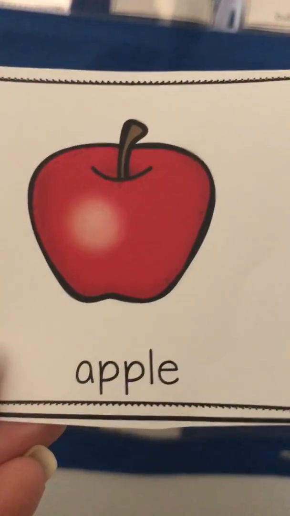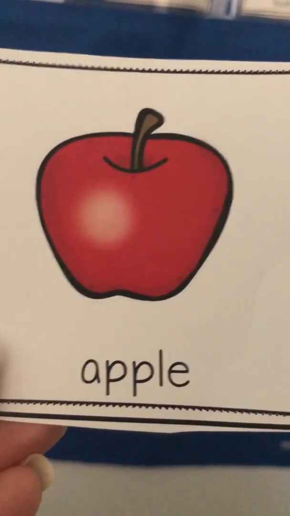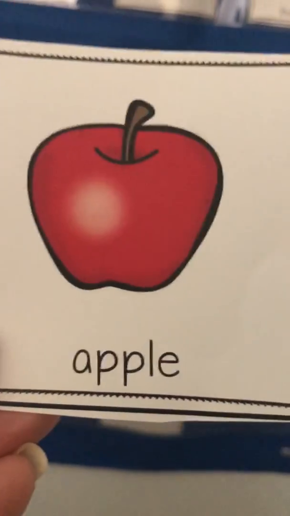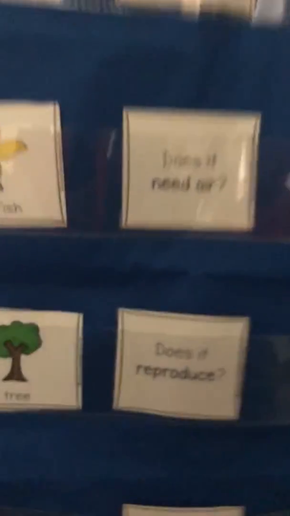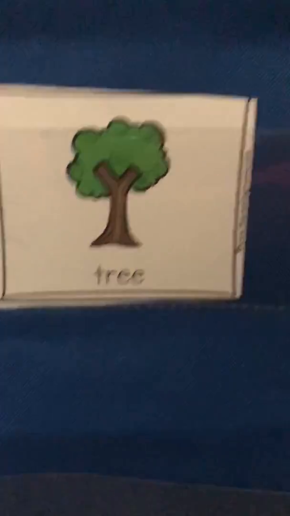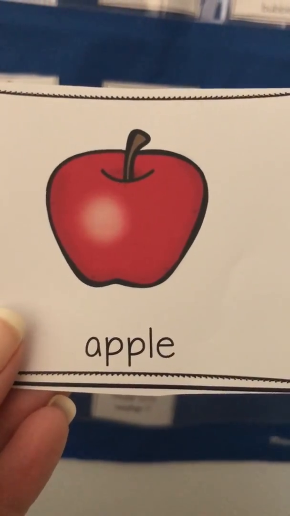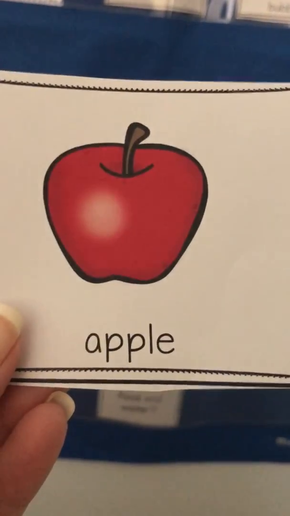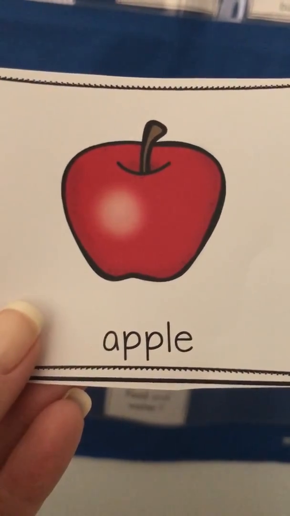The pollen from the blossom before it turns into a fruit will help it to reproduce. And it does need food and water, but that is all while it is attached to the tree. Once we pick the apple and we see it without the tree, it is no longer living. So the apple is not living.